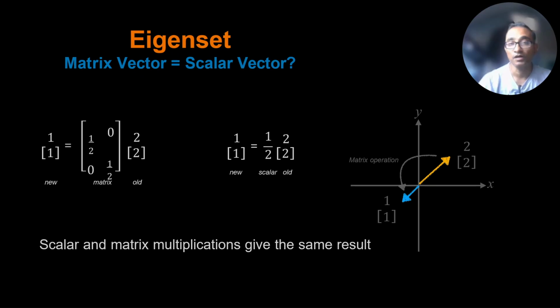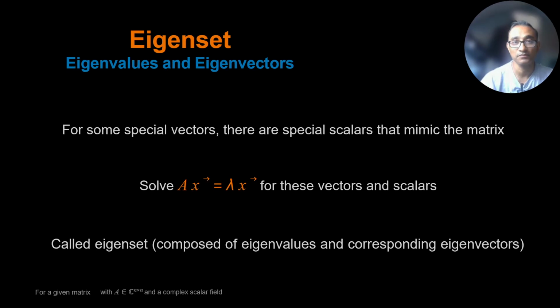And if you apply a scalar, the number 1 by 2, to the old vector represented by 2, 2, it will give you 1, 1, which means the scalar and the matrix multiplication will end up giving you the same result.